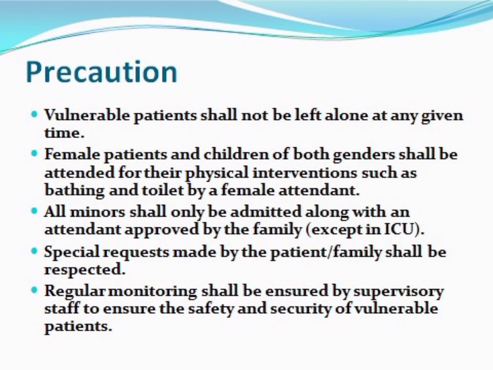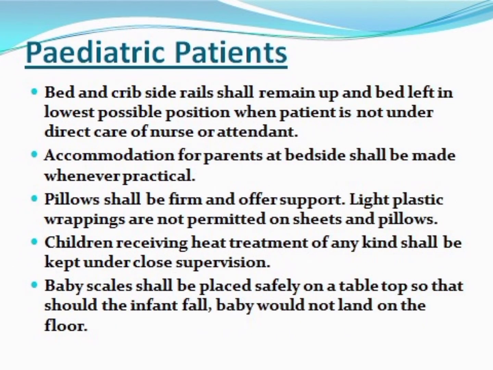They should not be left alone because they may have a fall. So always a bystander should be there, and while attending a female patient a female attendant should be available, and whenever a minor like a child is admitted, there should be a bystander with the patient.